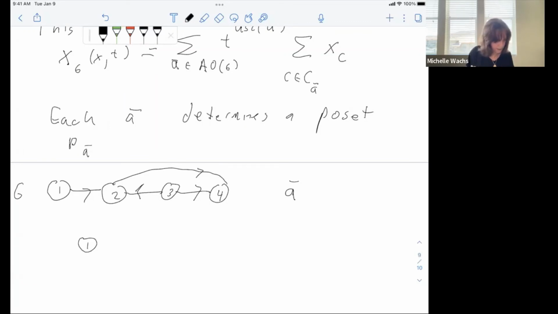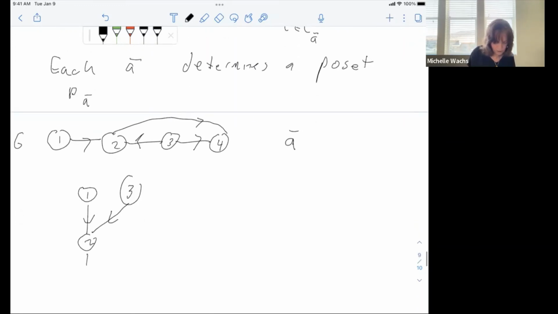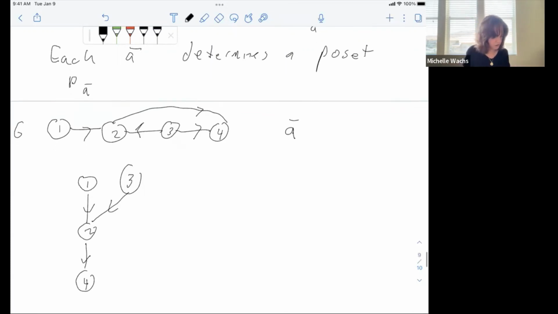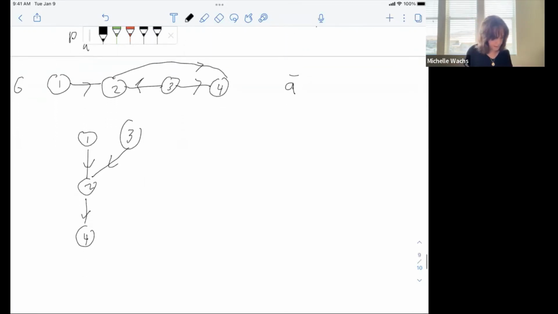So here's 1 down to 2, 3 down to 2, and 2 down to 4. There's also an edge from 3 down to 4, but since this is a Hasse diagram, we don't include it. So this is P.